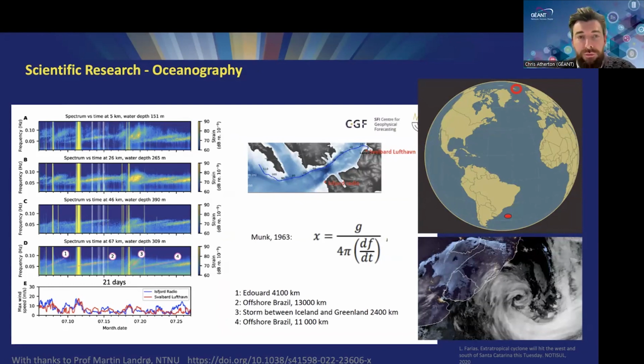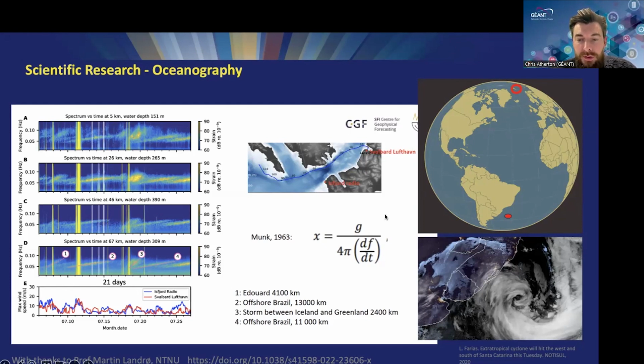These are very low frequency pressure waves coming through the water. The research groups that have this data were able to detect a storm off the coast of Brazil, 13,000 kilometers away from where the interrogator was based, up here in Svalbard. And this is where the storm was, off the coast of Brazil.